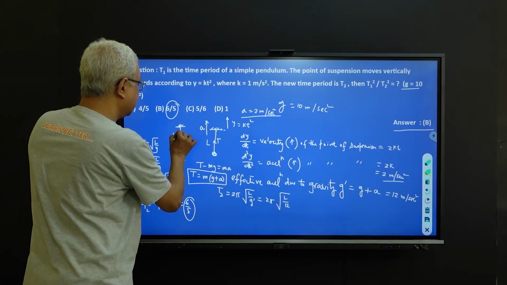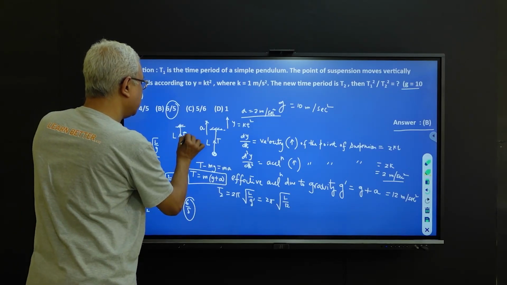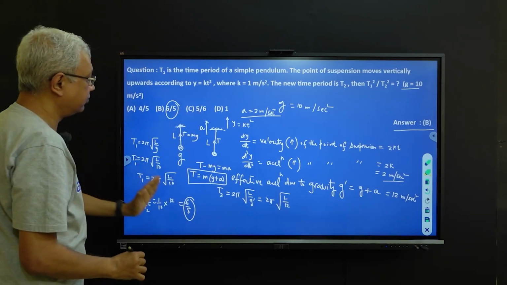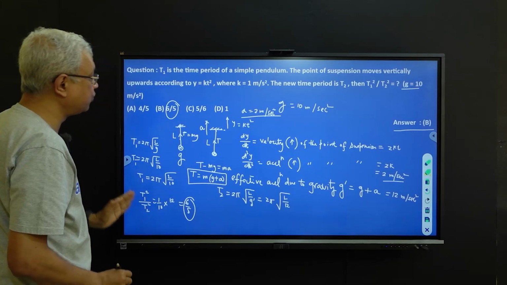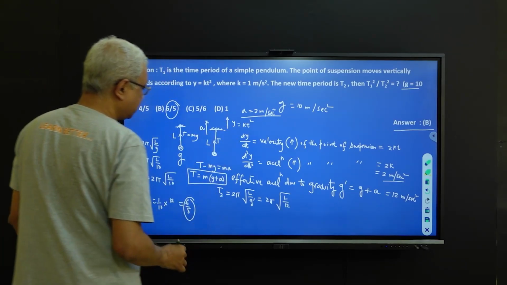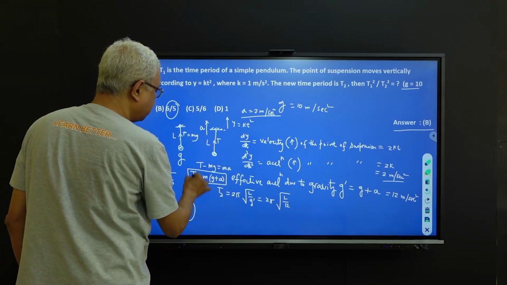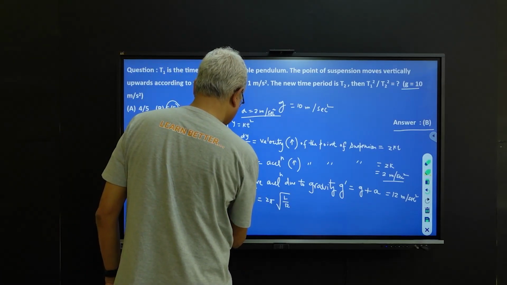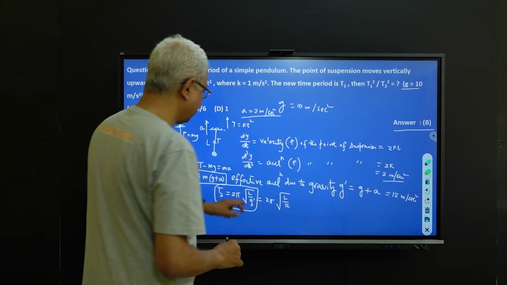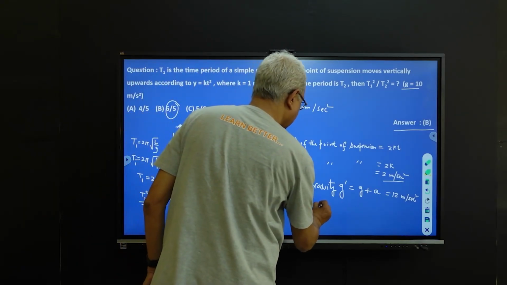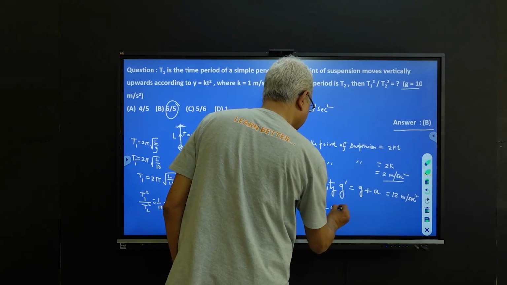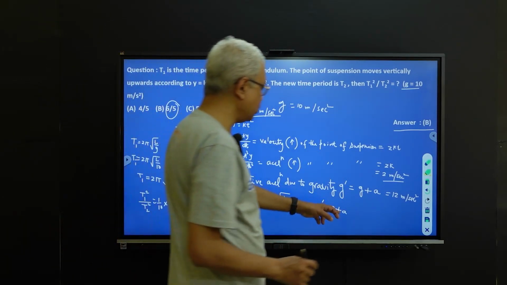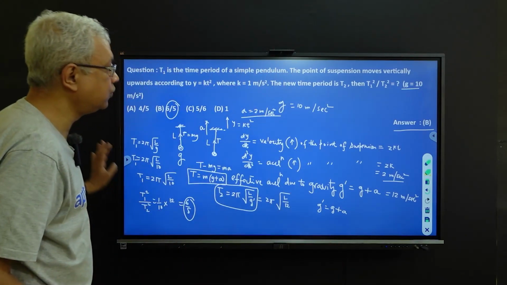Normally here T is equal to mg. But when the point of suspension moves upward with acceleration a, then tension becomes m(g plus a), and as a result, the acceleration due to gravity effectively becomes g dash, which is g plus a. So g is 10 and a is 2. So g dash is 12, from which you could find the answer.